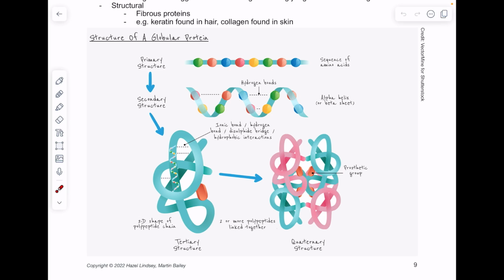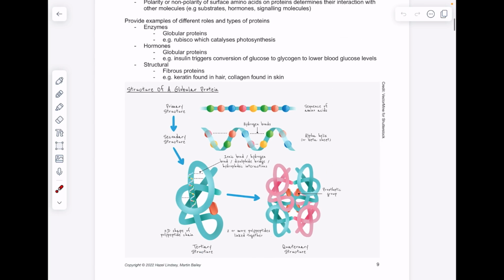Let's look more closely at the structure of a globular protein. So remember, I said that enzymes and hormones are both examples of globular proteins. So, as I've said, a protein structure is made up of its primary structure, which is simply its sequence of amino acids. The secondary structure is when it folds either into an alpha helix or a beta pleated sheet, and this position is held through hydrogen bonds.